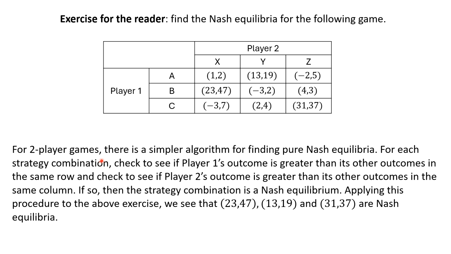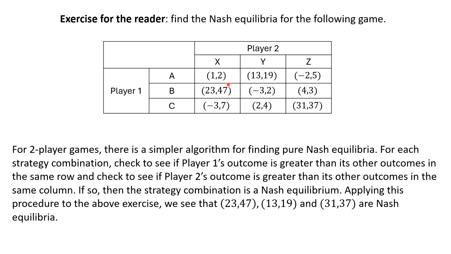For two-player games, there's a simpler algorithm to find Nash equilibria. For each strategy combination, check to see if player one's outcome is greater than its other outcomes in the same row, and check to see if player two's outcome is greater than its other outcomes in the same column. So if we look at this one here, 2347, we see that 23 is bigger than -3 and 4.